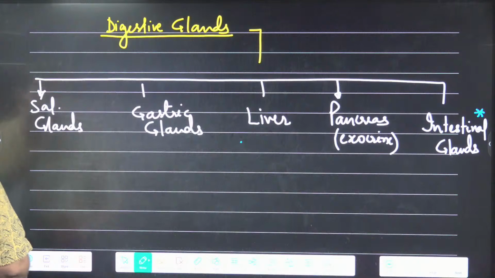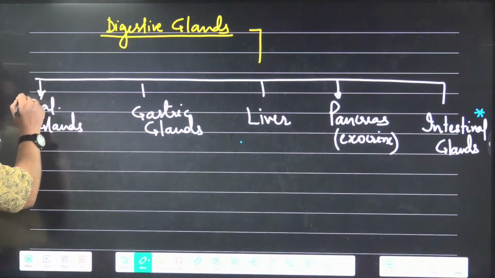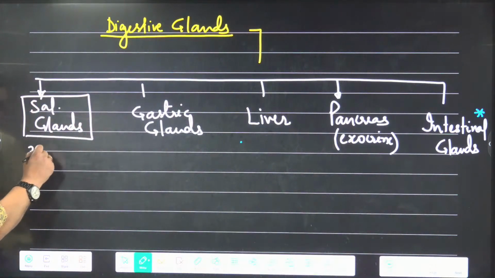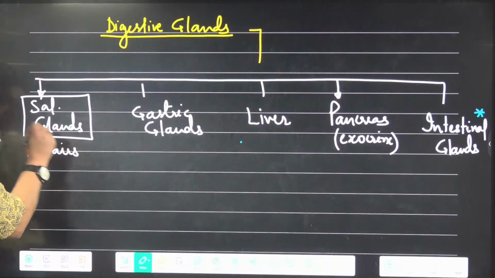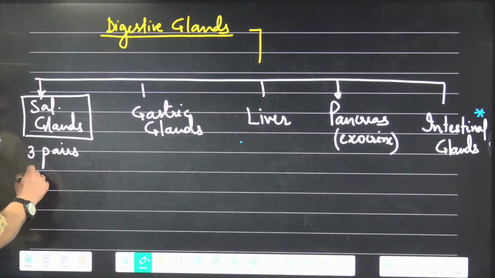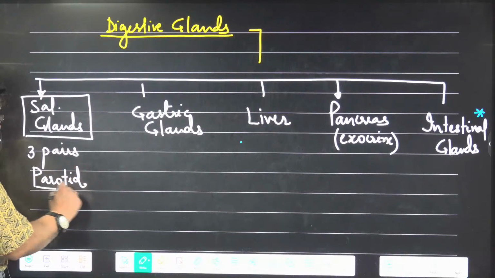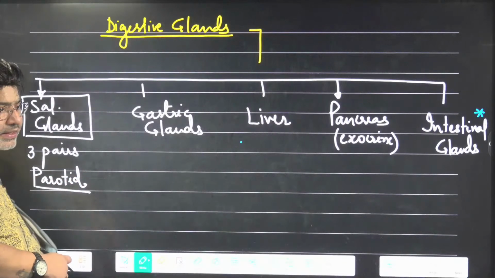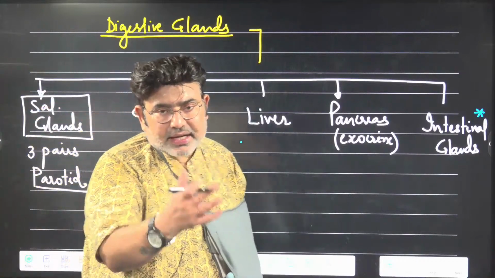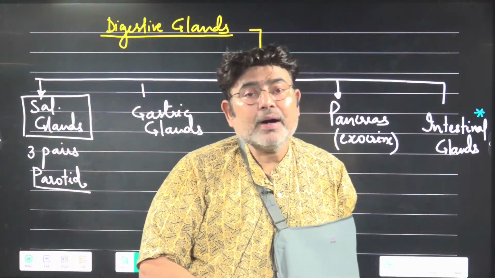Okay, salivary glands. These are 3 pairs in human beings. How many? 3 pairs of salivary glands. The largest of them is the parotid. The parotid gland is the target of a virus called the mumps virus.